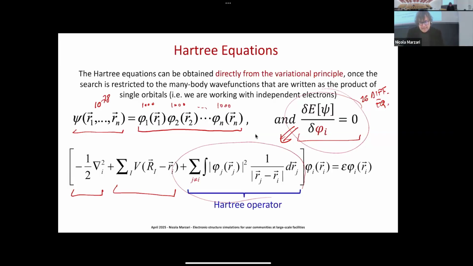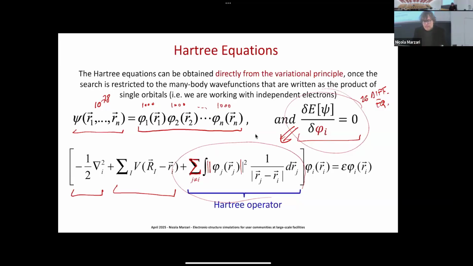And then what this Hartree operator is telling me is that each electron i feels a positive term that is the sum over all the other electrons, so the sum over j different from i, of the square modulus of the j wave function, integrated but divided by the distance.